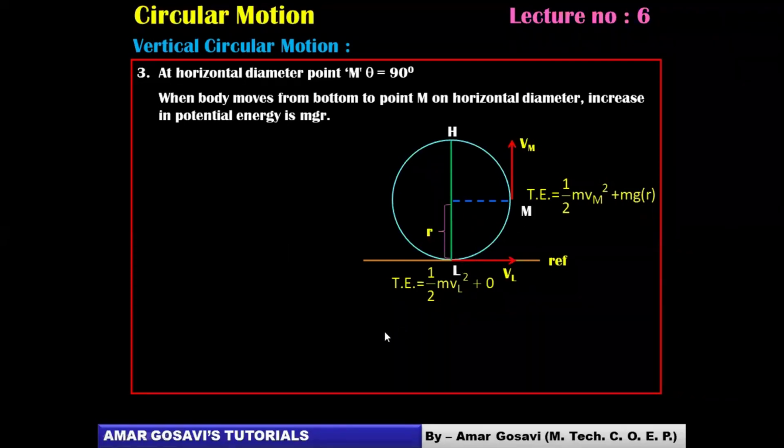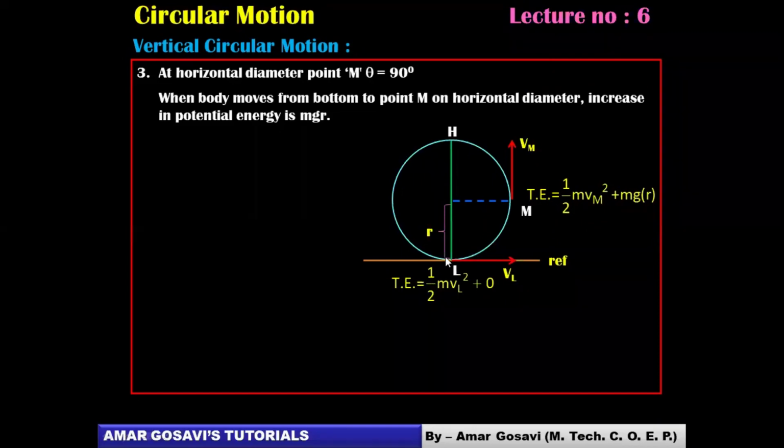So what will be the total energy? If I compare the total energy at the bottommost position, it will be half mvL square plus potential energy, which was 0. So this is the equation for total energy at the bottom. Similarly, this can be the equation for total energy at the midway position, where potential energy won't be 0. Why?